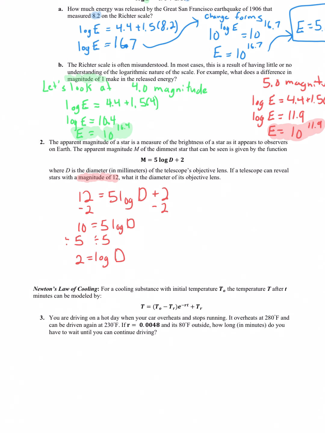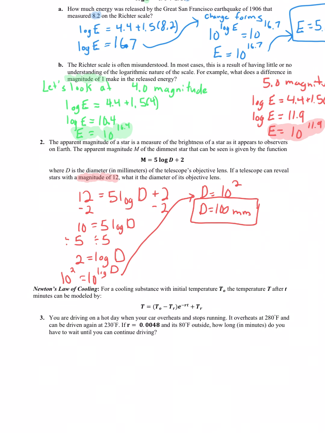And now we have to change forms. Or I could say let's do base 10 of both sides. Hopefully this is coming back to you from what we did before the break. 10 squared equals 10 to the log d power. So we end up getting d equals 10 squared, or d equals 100 millimeters.